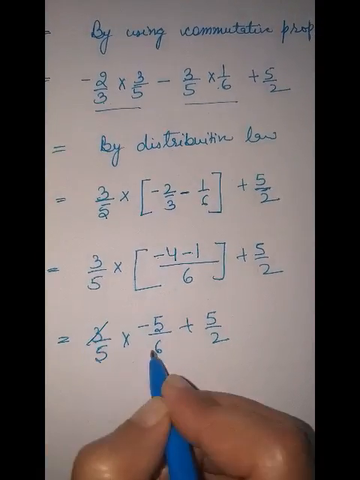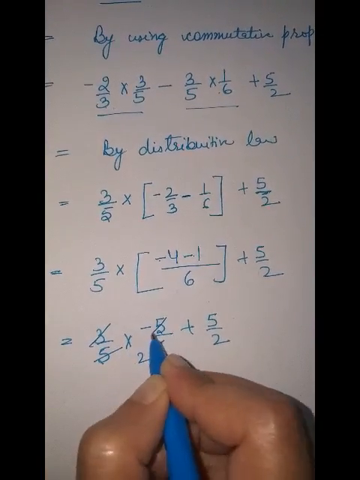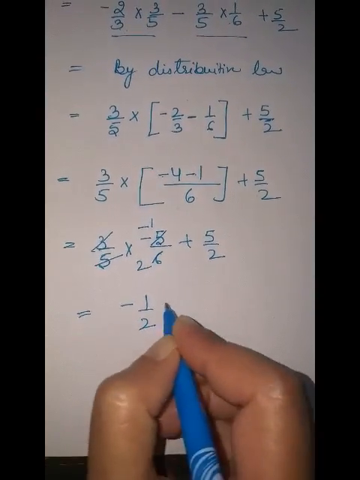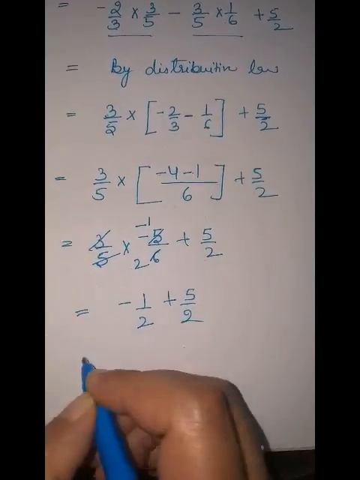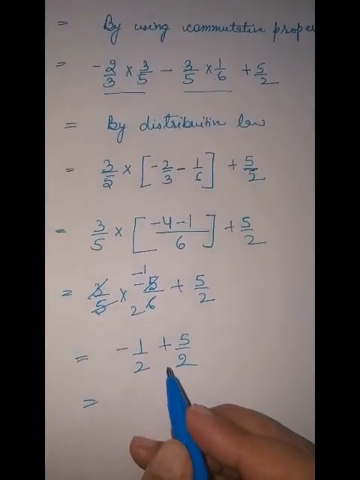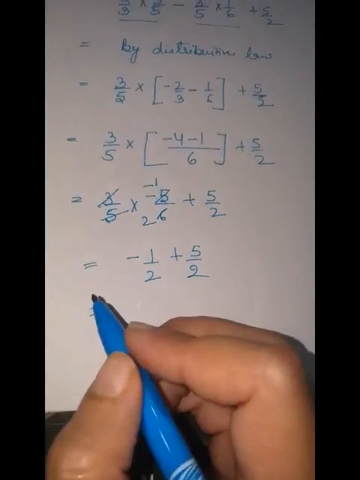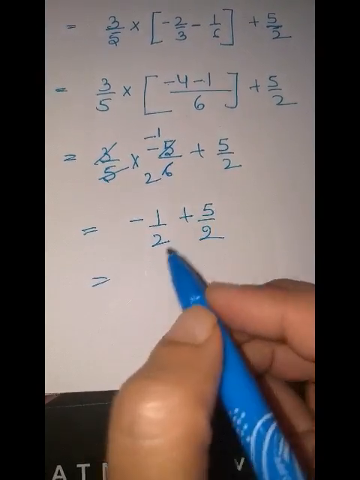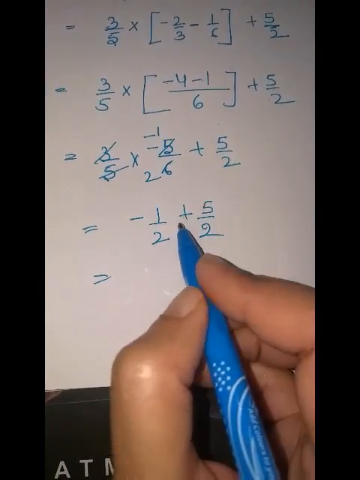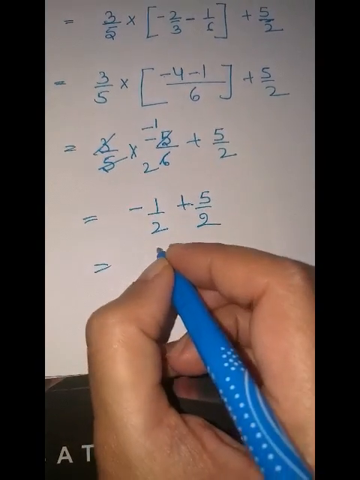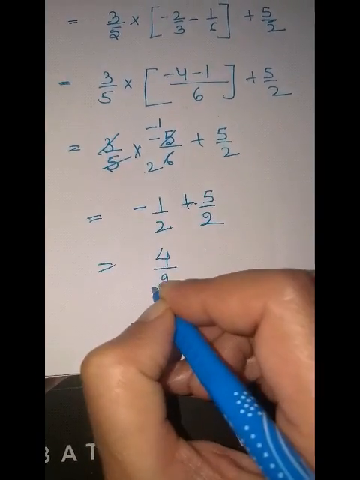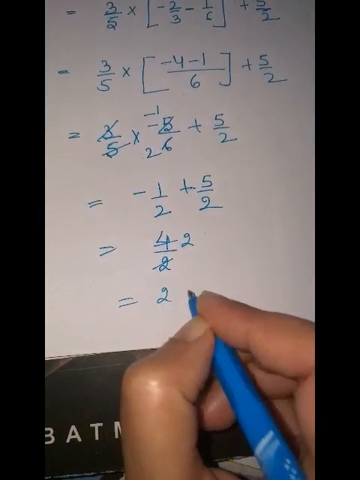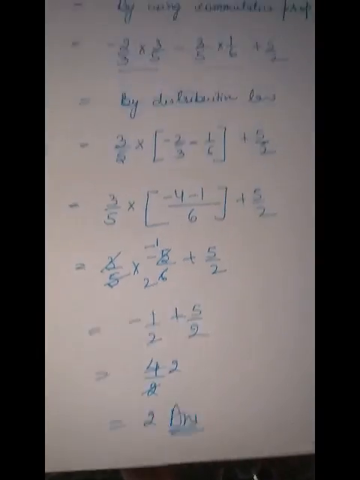We are left with this 3 2s are 6 and this will be cancelled with this, -1 is left here. Now -1/2 plus 5/2. Now we all know minus plus is always minus and we use the sign of the greater number. Here greater is 5, it is of plus sign, so our answer will be 4/2. Now 2 2s are 4, so here 2 is our answer.